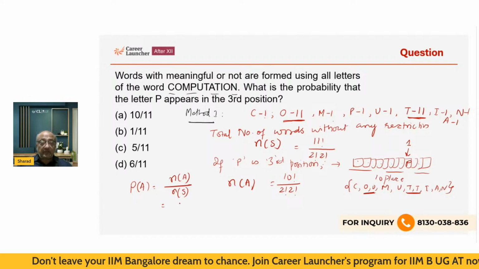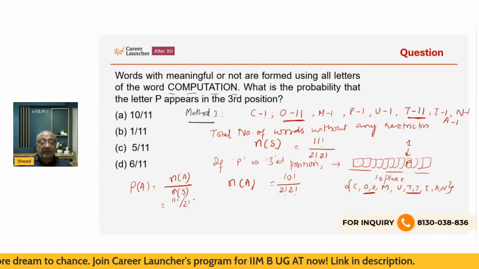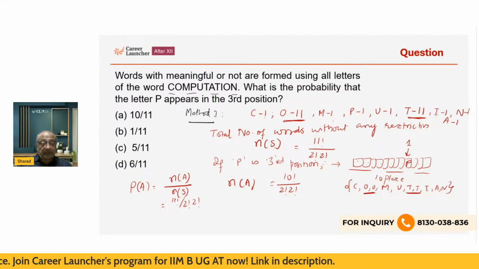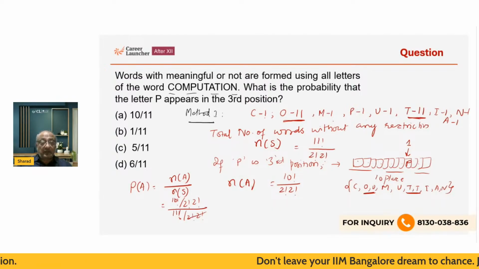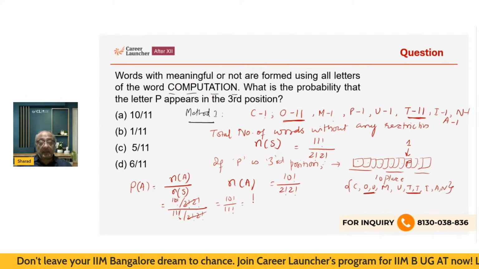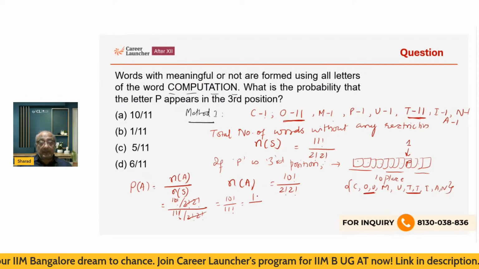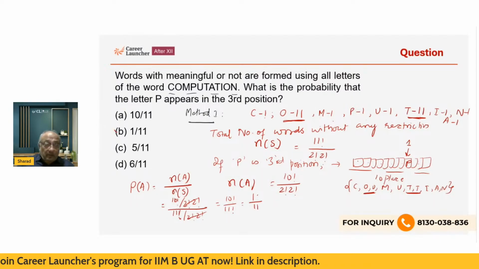So this value will be 10 factorial upstairs, and in the denominator you have 11 factorial upon 2 factorial into 2 factorial. If I solve this, this will get cancelled. You will have 10 factorial by 11 factorial, which is nothing but 1 by 11. So this is my answer, 1 by 11.